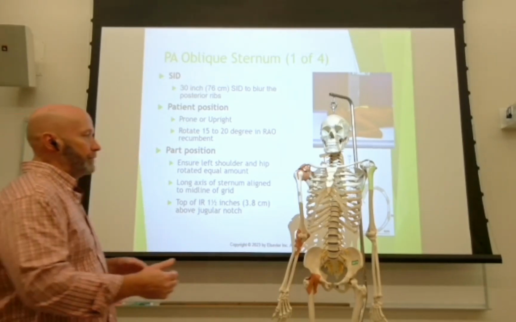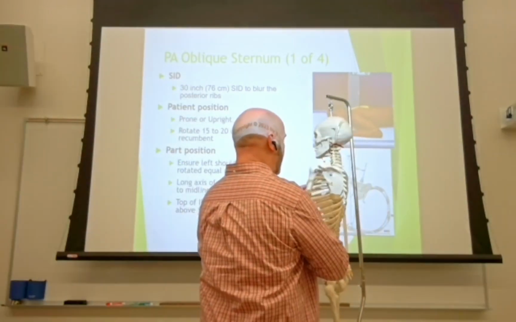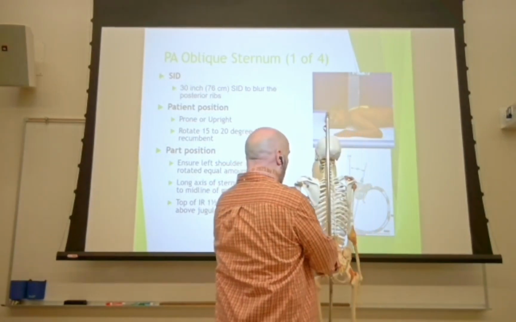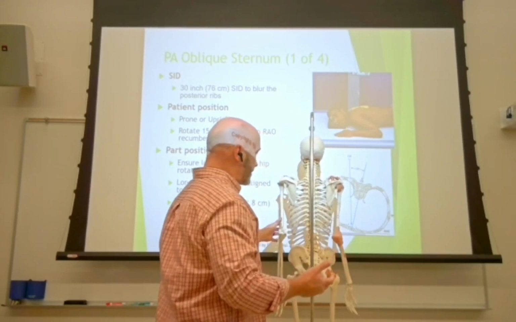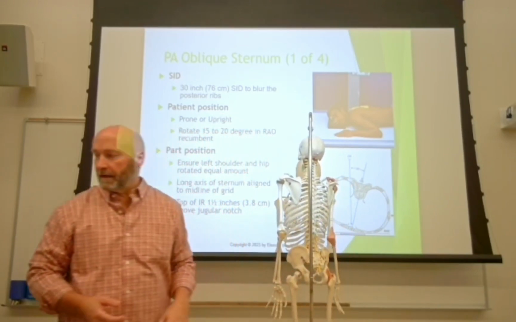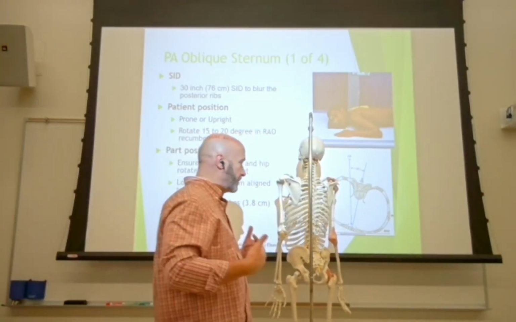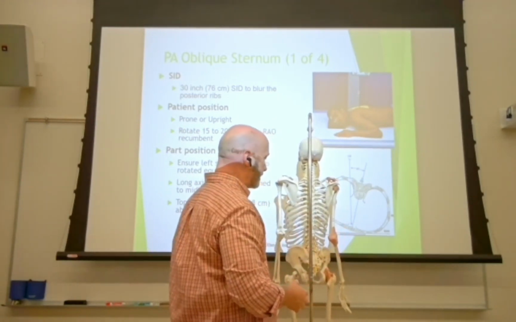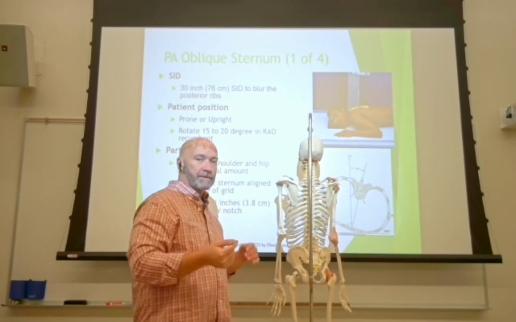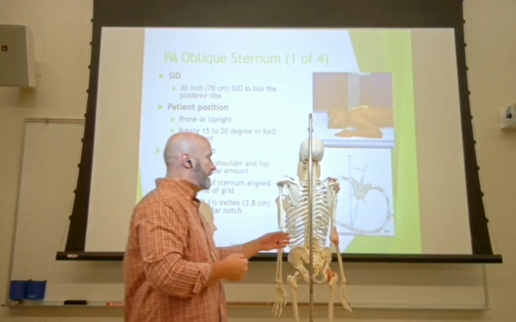All right, so what we're going to do for the PA oblique, and it's going to be a RAO position. So you've got to think about your anatomy. What you've got in the thoracic cavity, of course, you've got your lungs, and you've got the ribs, and then you've got the heart. And the biggest portion of the heart's on the patient's left-hand side.